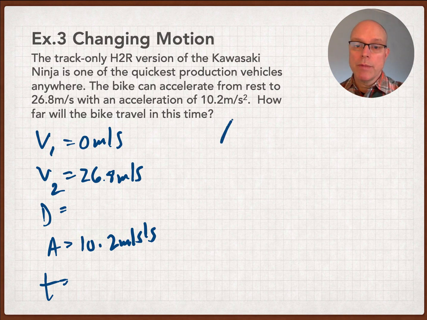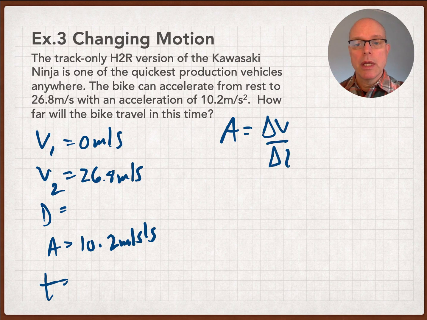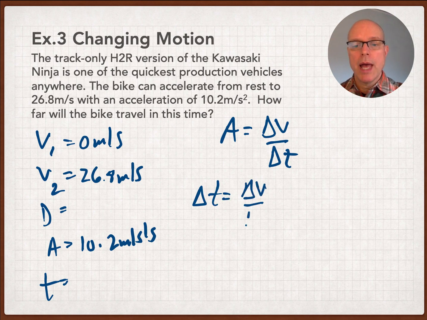Well, as we talked about a second ago, the first formula, A equals delta V over delta T, has 3 pieces to it. Here they gave us the A. We can get the delta V from these two numbers, and so we can go and get the time. So we'll rearrange this formula, multiply delta T on both sides, and then divide by A on both sides. And what I get is delta T equals delta V over A. Okay, so that part's done.